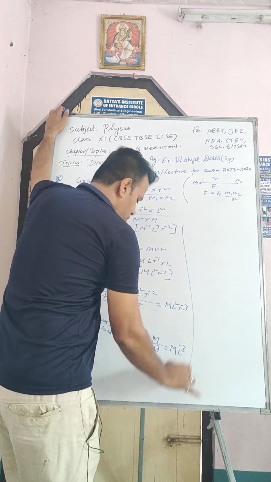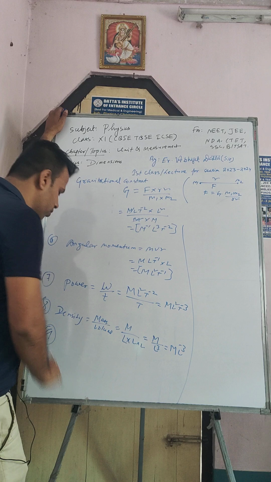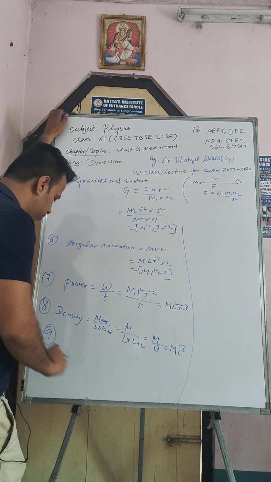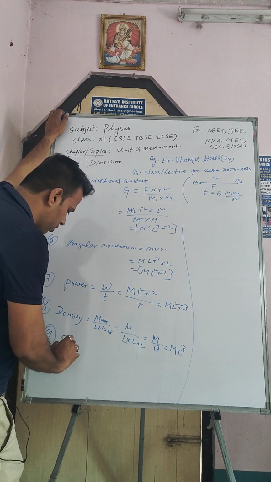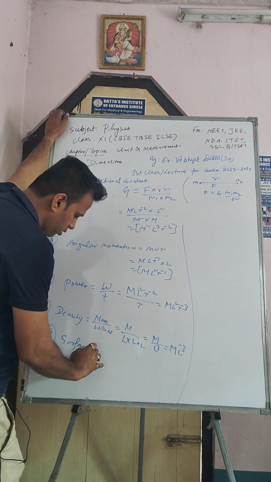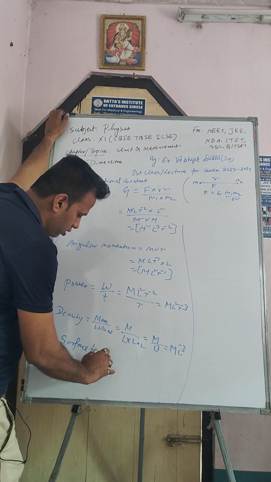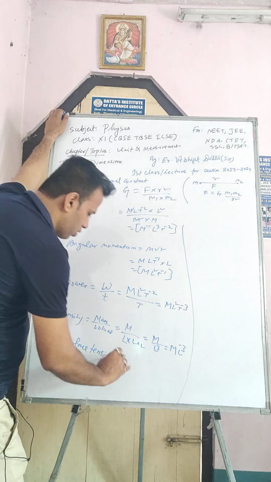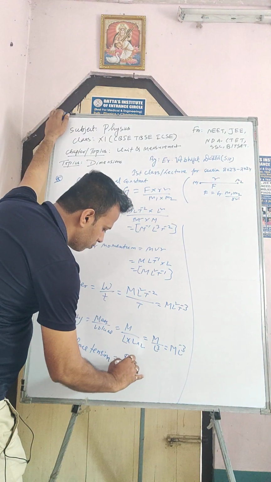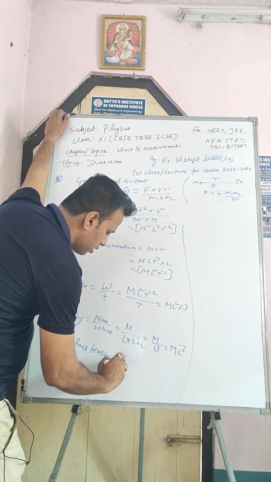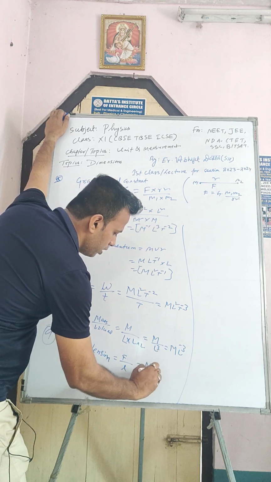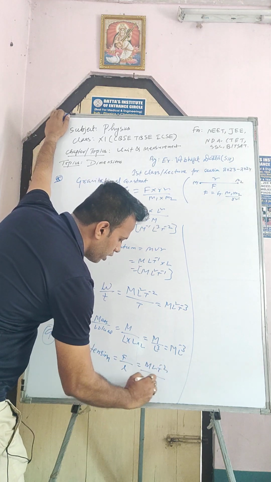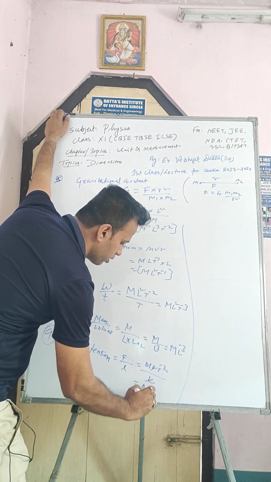Okay, now we have to find out the dimension of, suppose, surface tension. The dimension of surface tension is force by length, that is F by L. So F dimension is MLT^-2, divided by L. L will be cancelled, so it will be MT^-2.